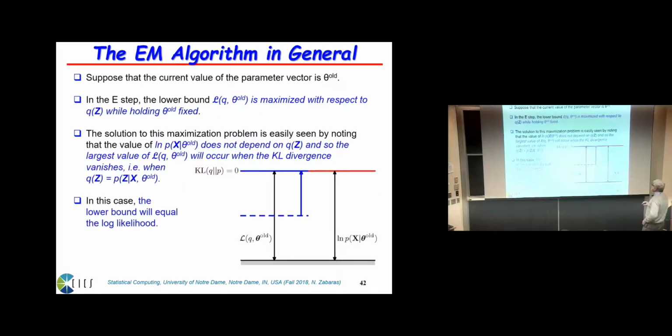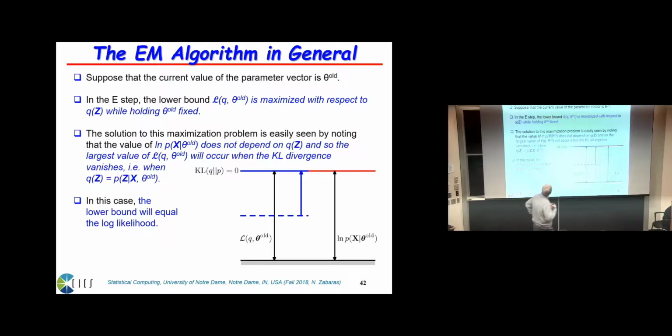Okay, so very rapidly, because you did this already, let's see how this works in the context of the EM algorithm. The EM algorithm has 2 steps. On the first step, we fix the parameters to theta old, and you compute an approximation of the posterior of the latent variables.